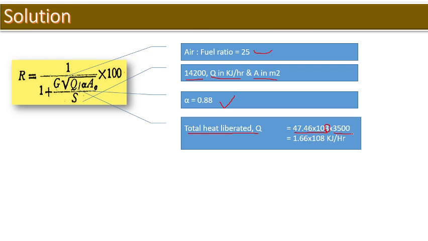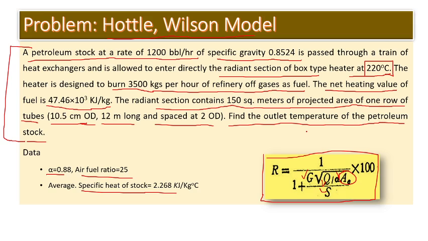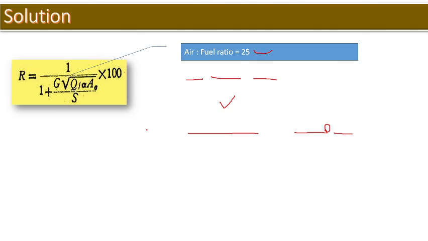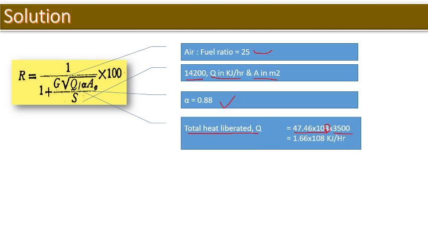This is basically the rate given per hour, and you can see the question that is given here: 3500 kg per hour, that is this rate, and the heating value for 1 kg is 47.46 into 10 to the power 3 kilojoules. So this is the total amount of heat liberated, 1.66 into 10 to the power 8, slight mistake, okay, so 1.66 into 10 to the power 8 kilojoules per hour. This is the total amount of heat liberated by the refinery gases.